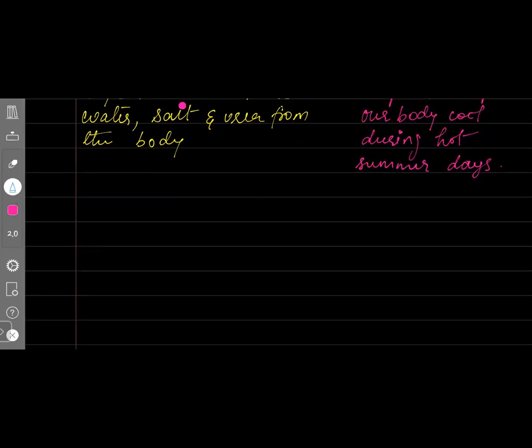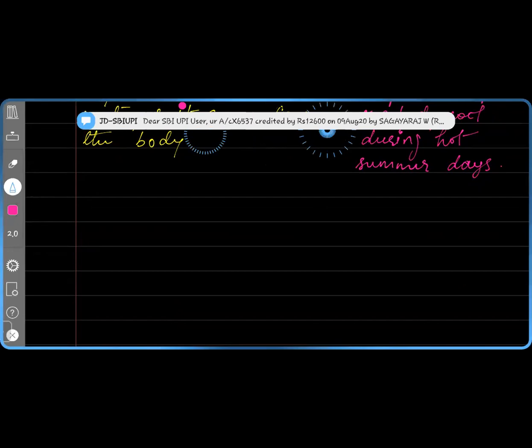Next one. We'll see about dialysis. Yesterday somebody asked about kidney failure. So let us think the kidney is not doing any function. The kidney stopped working. They are not doing any function to filter. So the filtration of blood is not there.